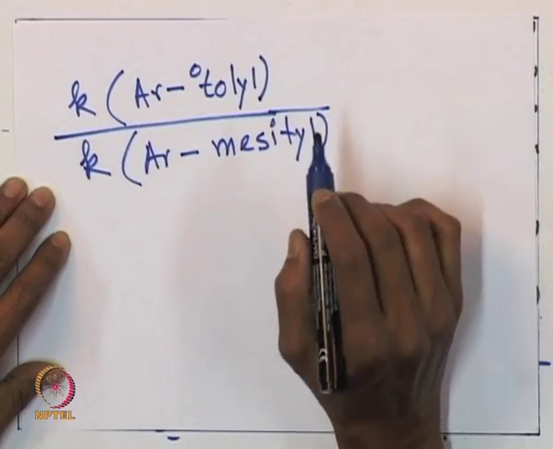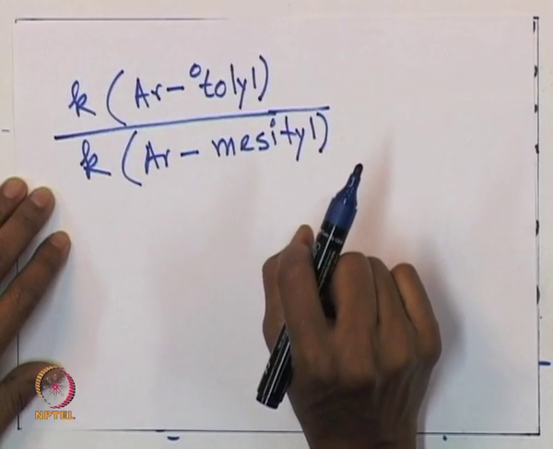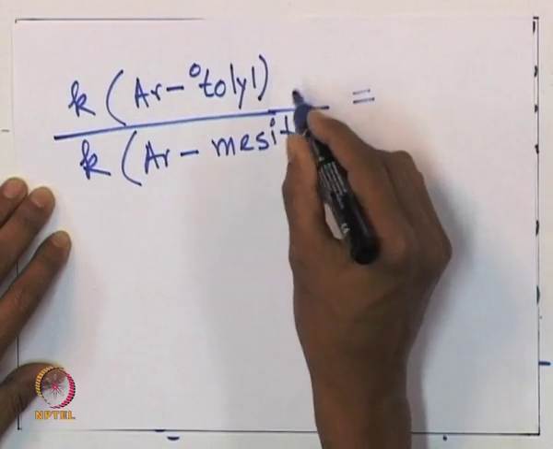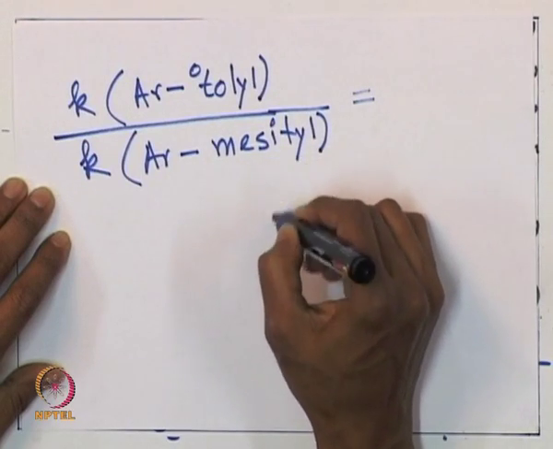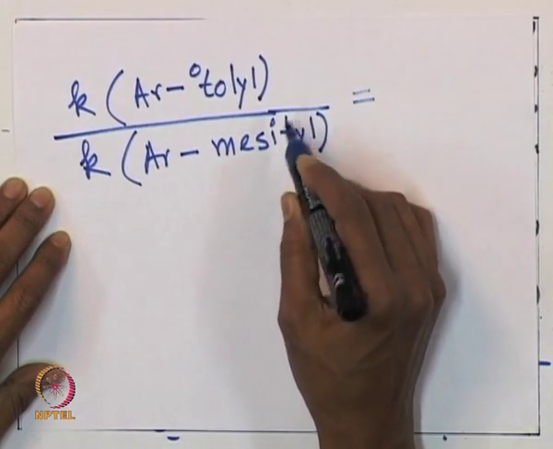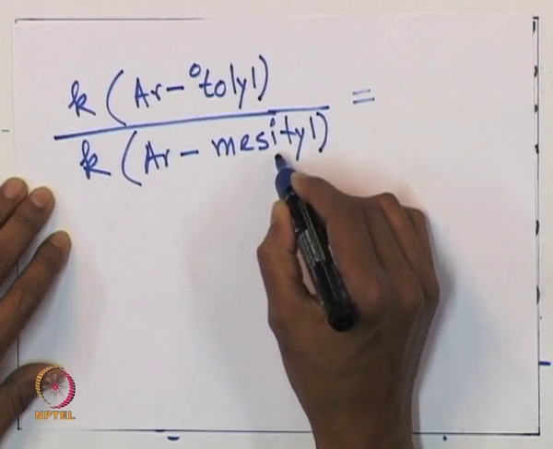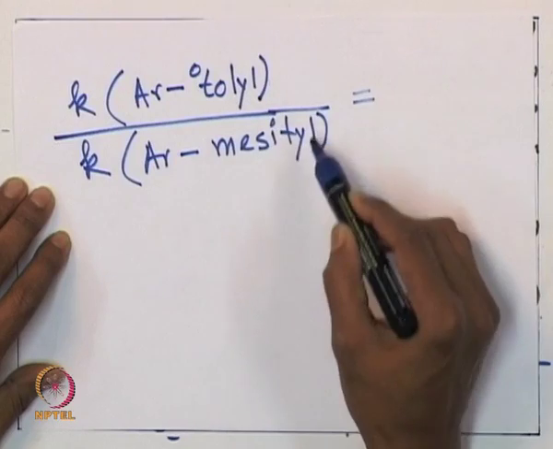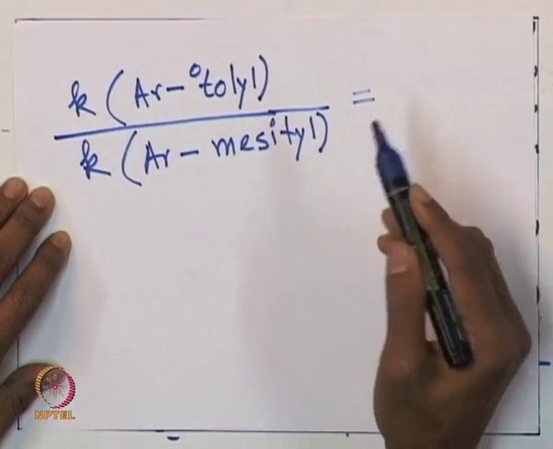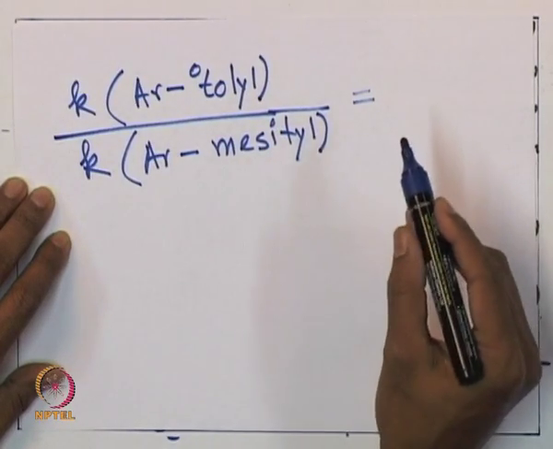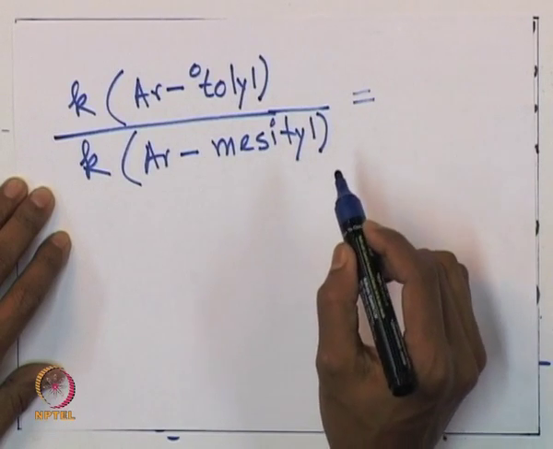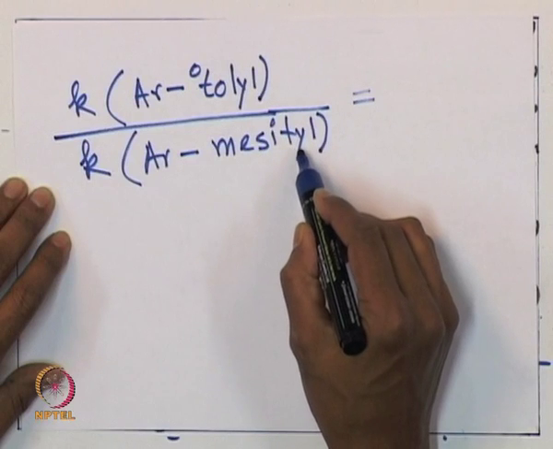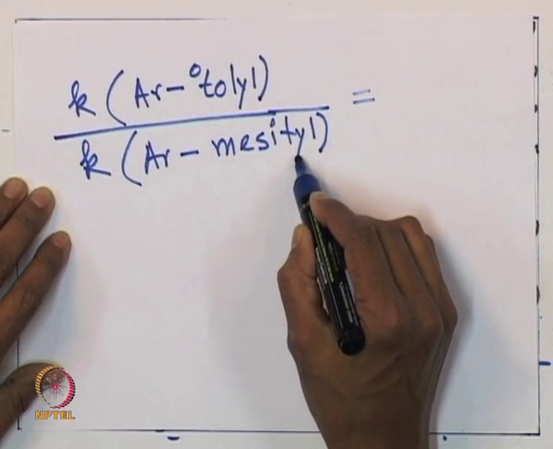Since it is an associative mechanism, you will see that the steric hindrance for this mesityl group is higher or huge, and thereby the reaction is very fast for the tolyl compared to mesityl. So, an exogenous ligand, for example, in that case it was pyridine, is coming to react with your organometallic complex.